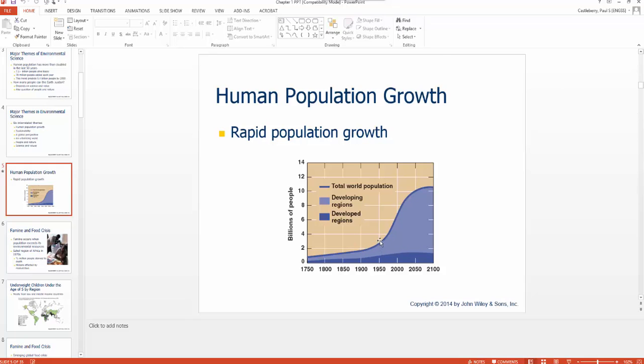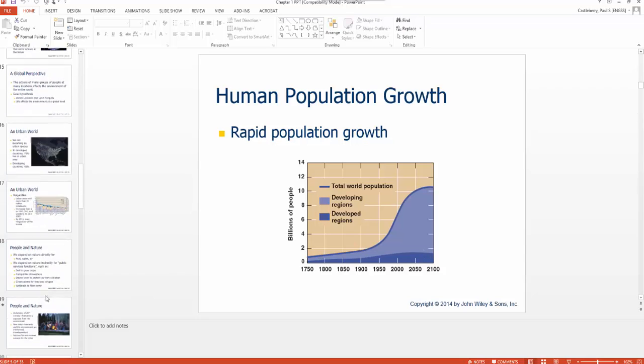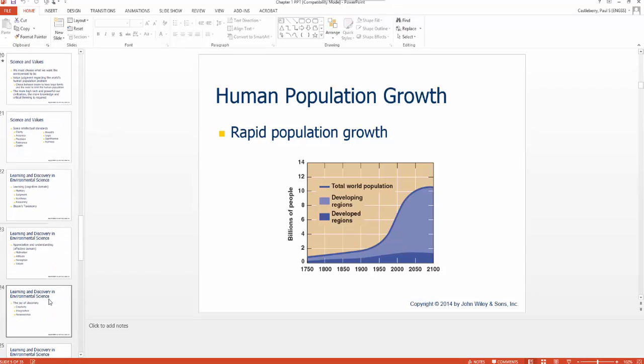You find that from 1950 up to 2015, population growth was pushed by developing regions such as the continent of Africa, portions of South America. That's really what drove the growth, not necessarily the growth in developed regions like in Asia and in North America. But like I said, we'll get back more to that a little bit later.